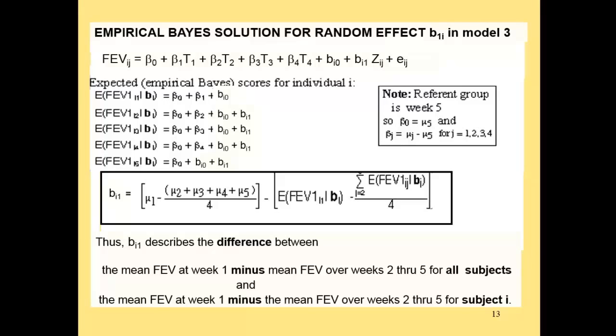Okay. So you can scan across the 40 estimates of BI1 that you're going to get to find subjects with bigger than average differences versus those with average differences versus those with smaller than average differences, to ID subjects that are particularly susceptible or not susceptible. That is the red question. Okay? So model 3 is how we answer that red question from the earlier slide, and this is why model 3 will let us do that, because the random slope will give us that answer.